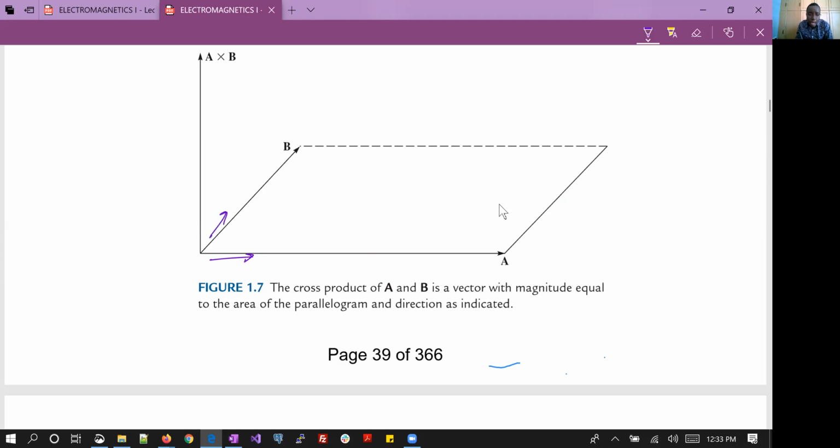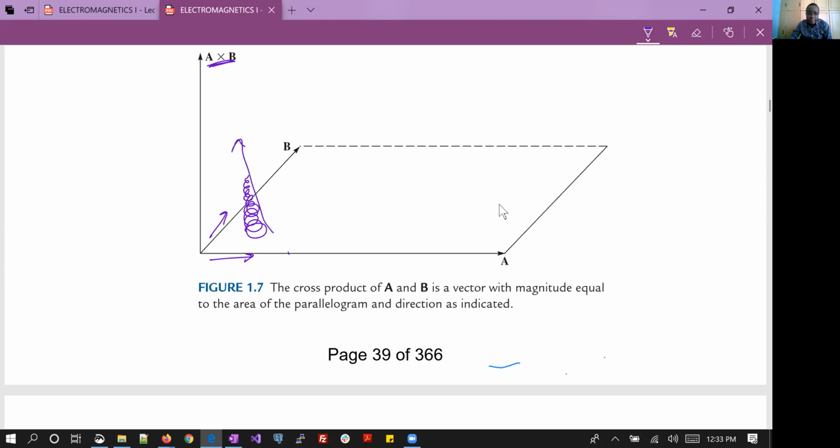If you had a screw that you are turning, moving from A to B, the direction that the screw would be going is the direction of the vector that will come out after you have taken the cross product.